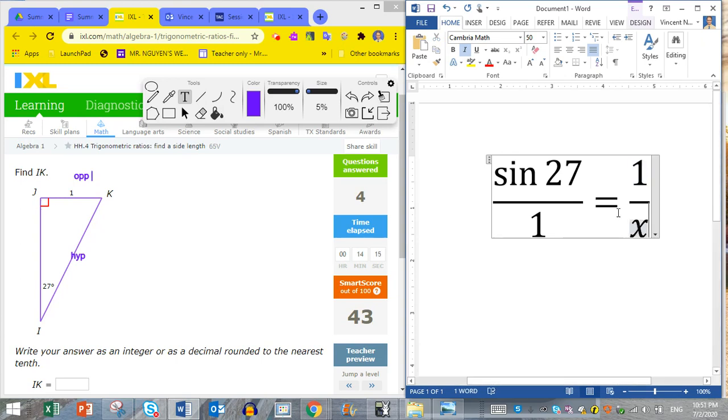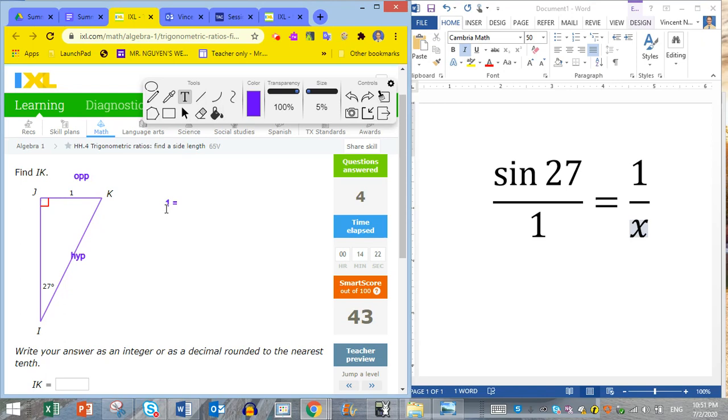Oh, this problem is easy because if I'm cross multiplying, this will be a 1. So I'm going to have 1 equal x sine 67. So to solve for x, it's going to be 1 divided by sine 67 equal x, okay?